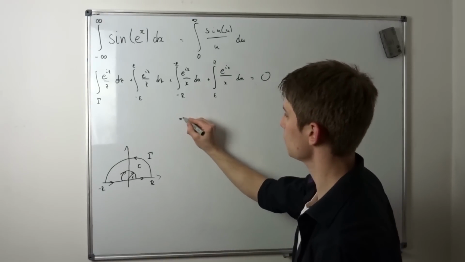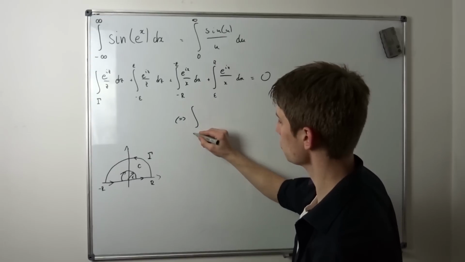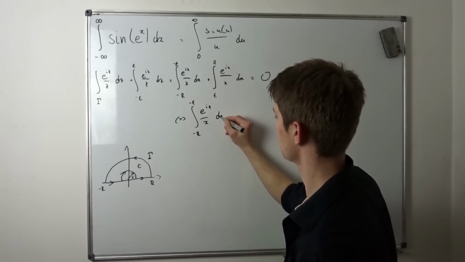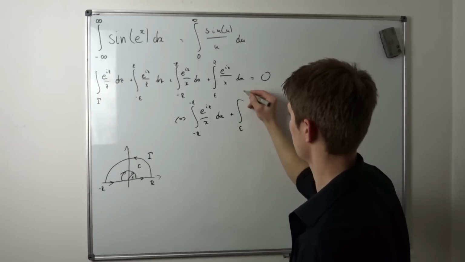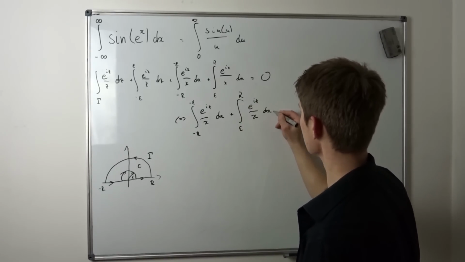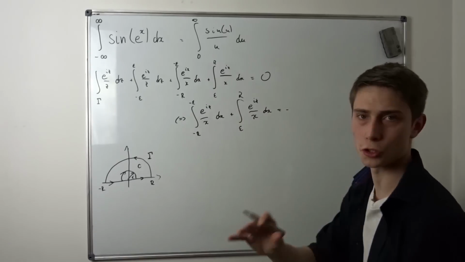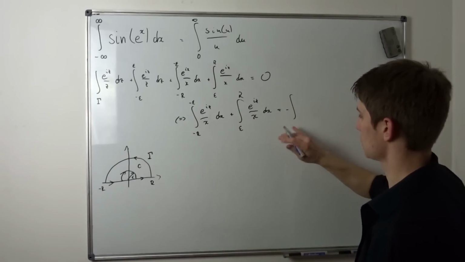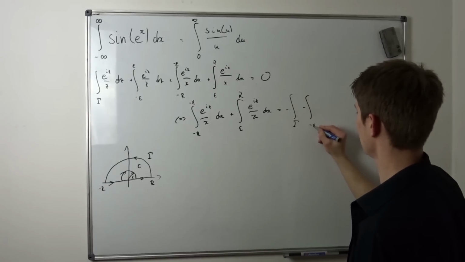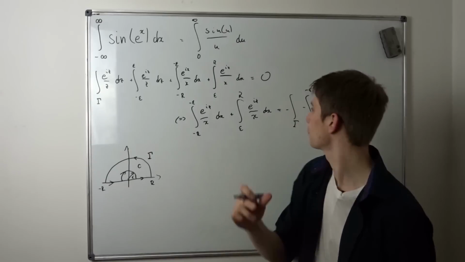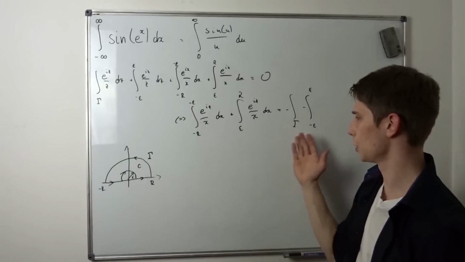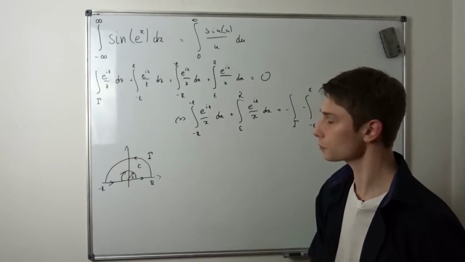So that would mean that the integral from minus r to minus epsilon of e to the ix over x dx plus the integral from epsilon to r of e to the ix over x dx is now equal to, and I'm going to shorten this expression right now, this integral over gamma minus this integral from minus epsilon to epsilon. Not minus epsilon to minus epsilon, that would be stupid. Okay, so we are just writing it in a little bit different way.